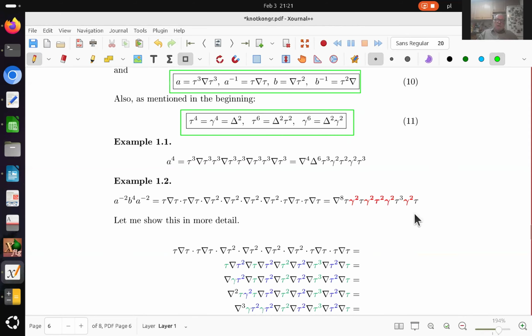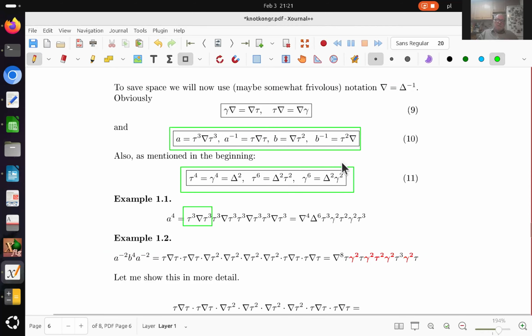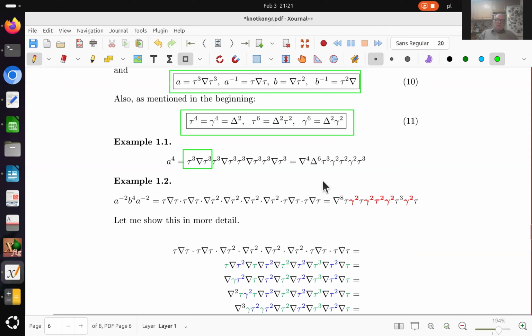Now let me give you an example. Let's consider a word A to the fourth power. So we repeat this term 4 times. And when you use all the information that you can get from this, you can see that it is equal to nabla to the fourth power, delta to the sixth power, and then tau cube, gamma square, tau square, gamma square, tau cube.